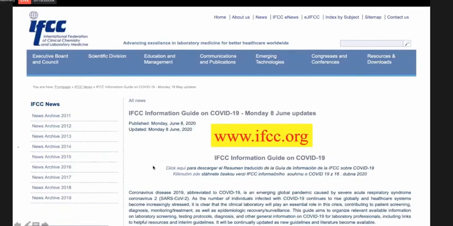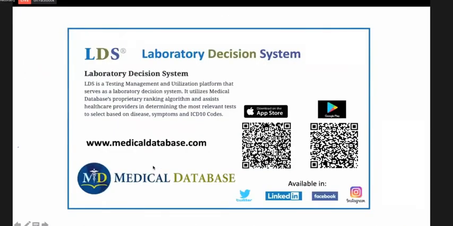You can also access various information about laboratory investigation in general or related to COVID-19, and this platform is also available as a mobile app. These resources can provide you various information about laboratory investigation in COVID-19.